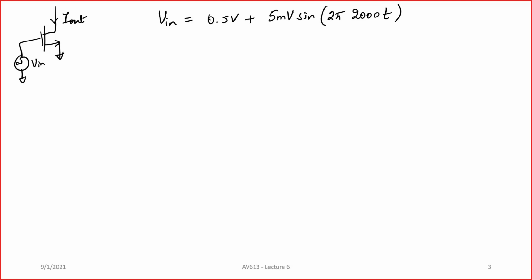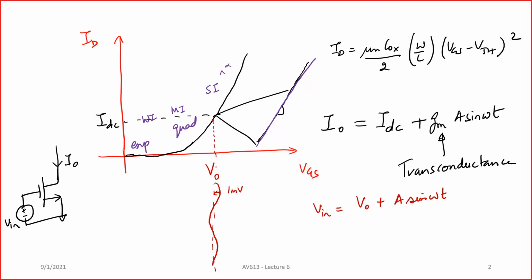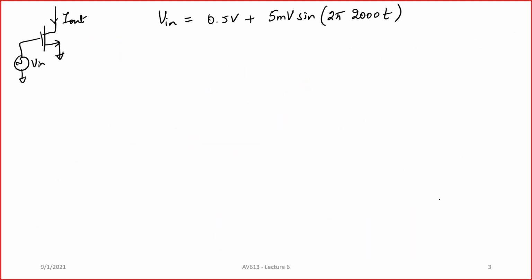Please note that if you give a DC bias point of 0, which is a mistake a lot of students make when they start simulating, then there is no DC current flowing and you're literally sitting in this region. Understood? If at all something is flowing, it's literally in the order of some nanoamps, which doesn't do anything. Okay. Now you need to bias the transistor, and around that bias point you give your AC signal.